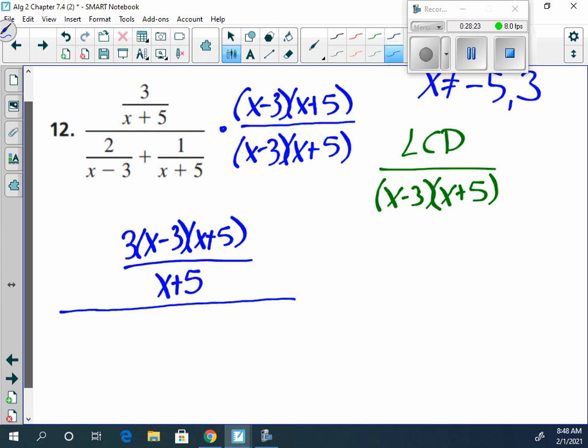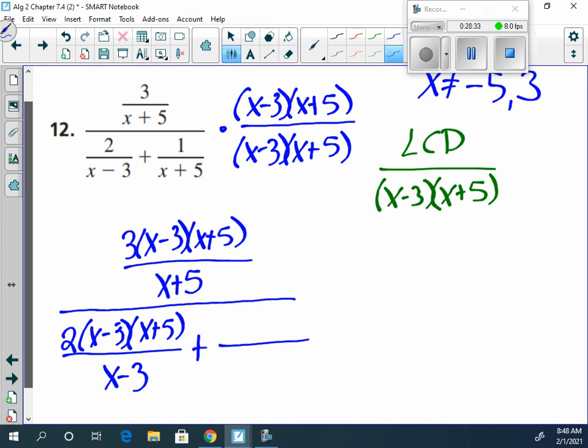In the denominator, we're going to have 2 times x minus 3 times x plus 5 all over x minus 3 plus x minus 3 times x plus 5 all over x plus 5.